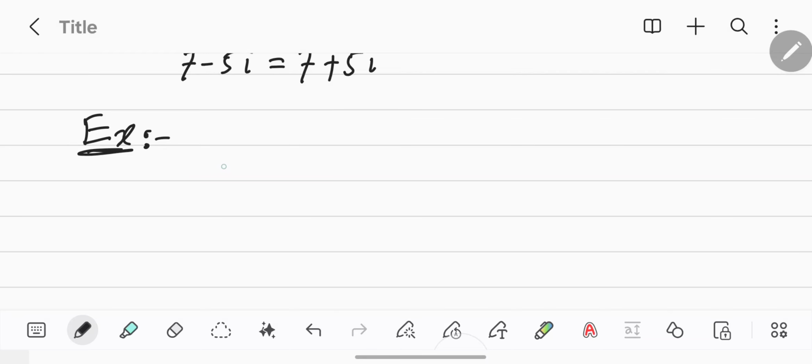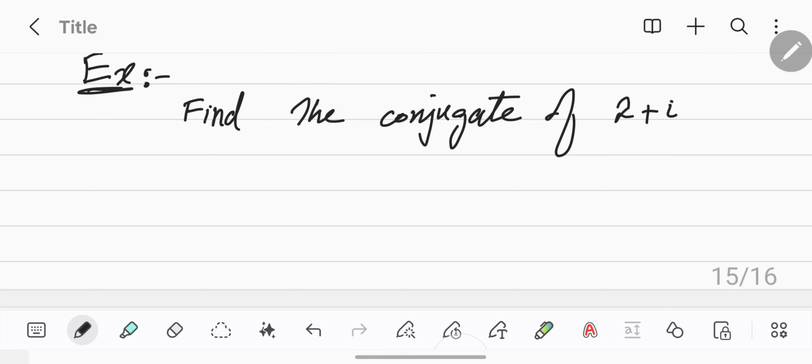Let's do one more example. Here you have a complex number and you have to find its conjugate. In order to find the conjugate, I will write 2 plus iota with the bar over it, which means I have to take its conjugate.